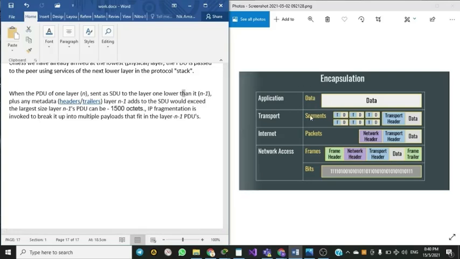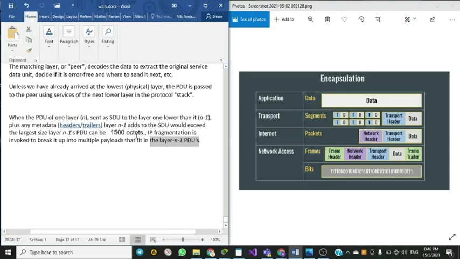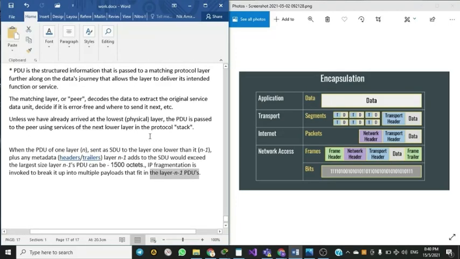Actually, not chop it up, but divide it into multiple payloads so that it fits the layer's PDU size standard. I believe that is all. Thank you very much for listening. Goodbye.